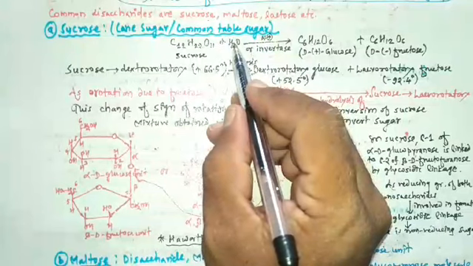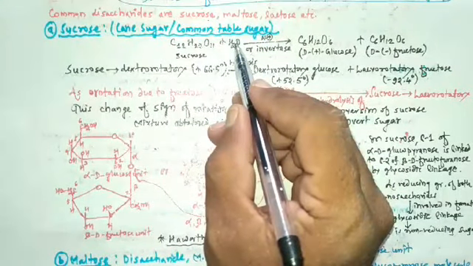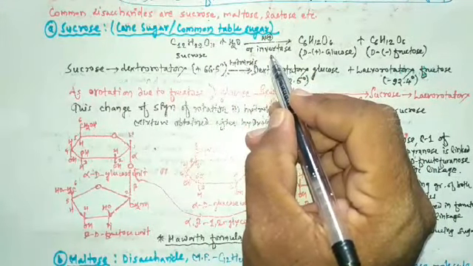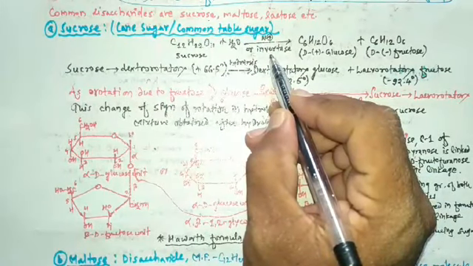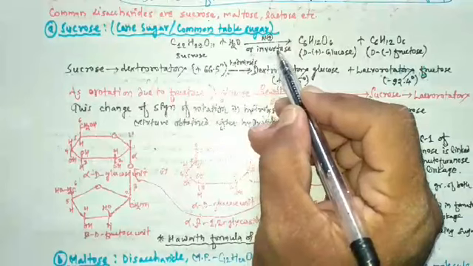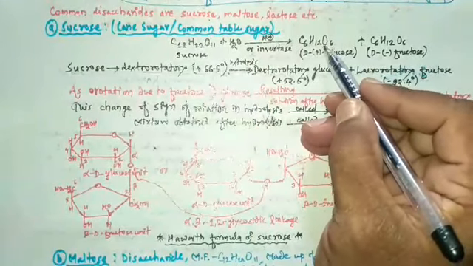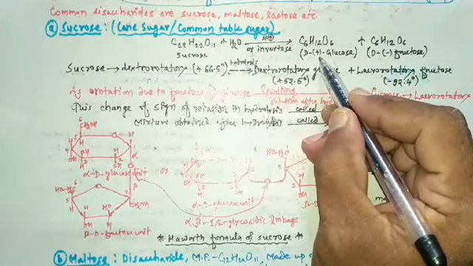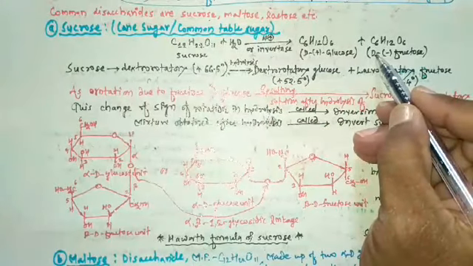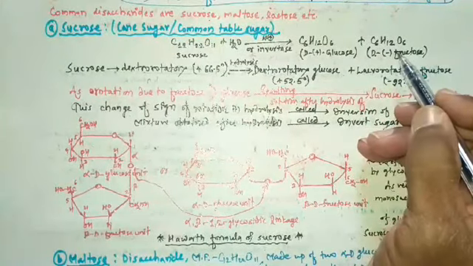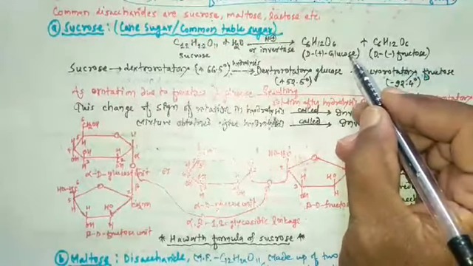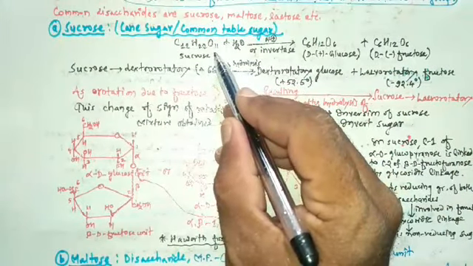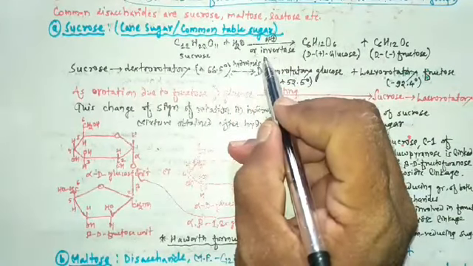Sucrose on hydrolysis by acid or the enzyme invertase gives an equimolar mixture of D-plus-glucose and D-minus-fructose. Thus, an equimolar mixture of glucose and fructose is formed after hydrolysis of sucrose by acid or the enzyme invertase.